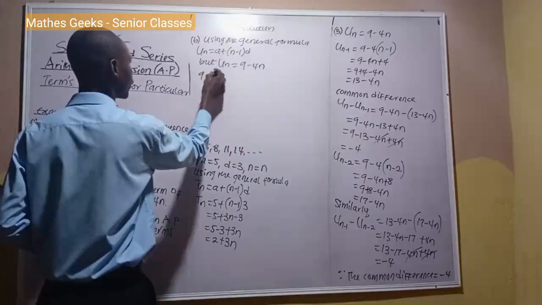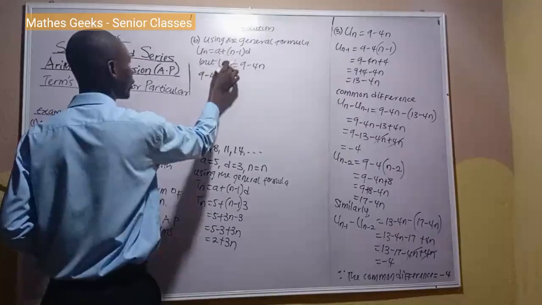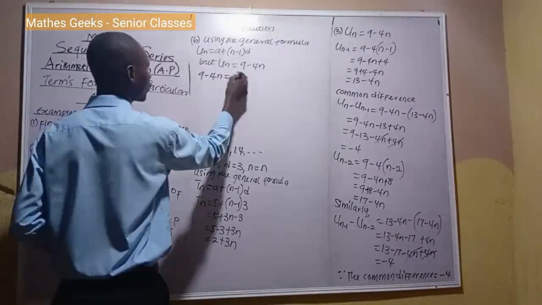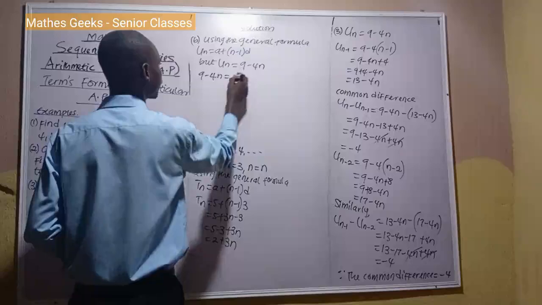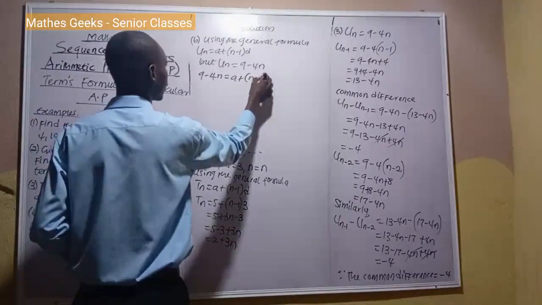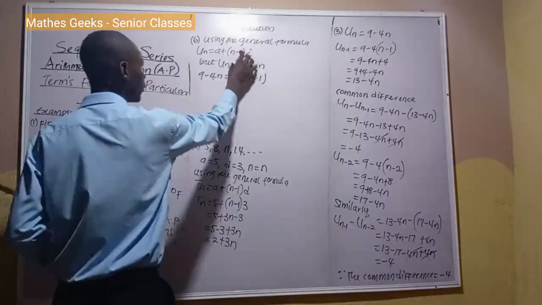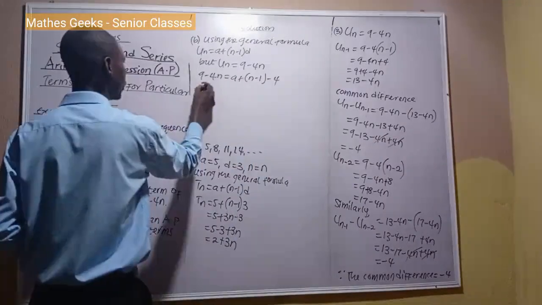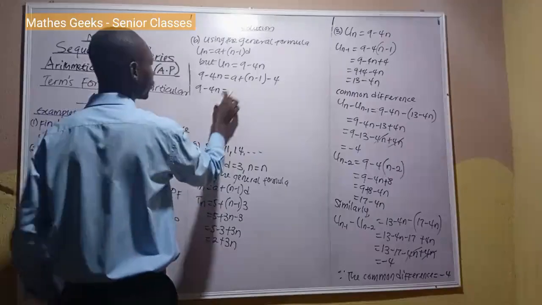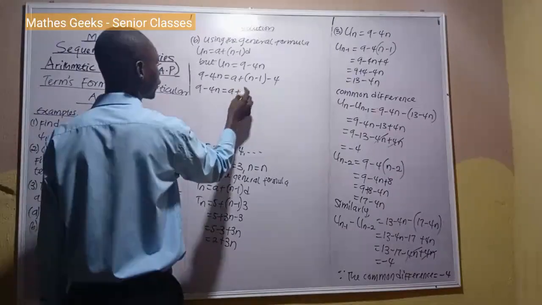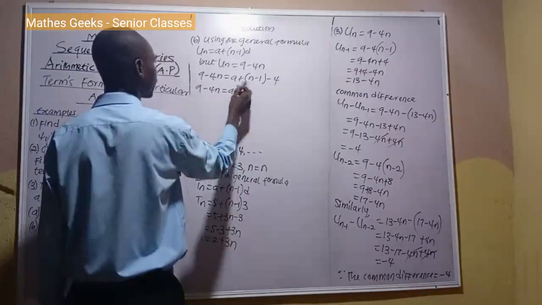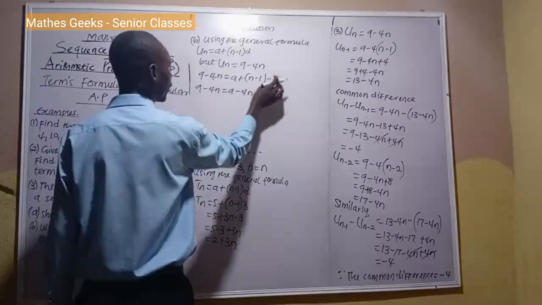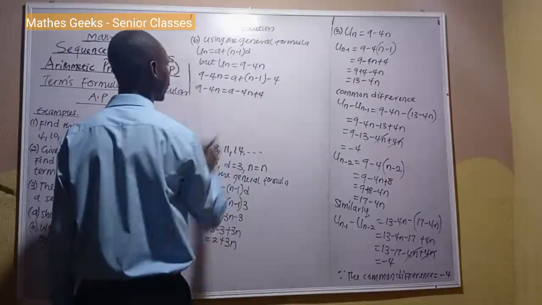So 9 minus 4n, which is un, the nth term, is equal to a plus n minus 1 d. And d is our common difference, and that's minus 4. So let's open. 9 minus 4n is equal to a plus minus 4 times n gives us minus 4n. Minus 4 times minus 1 will give us plus 4.